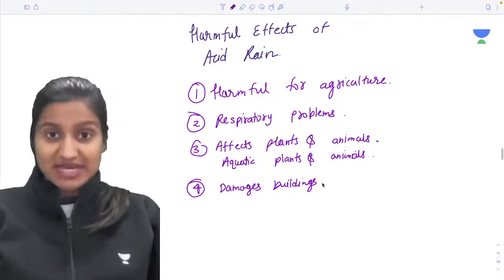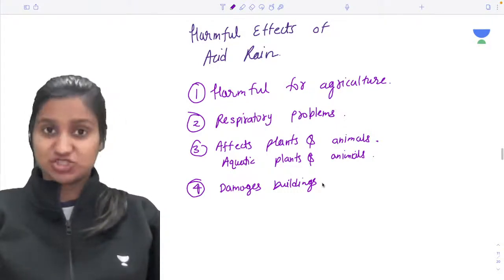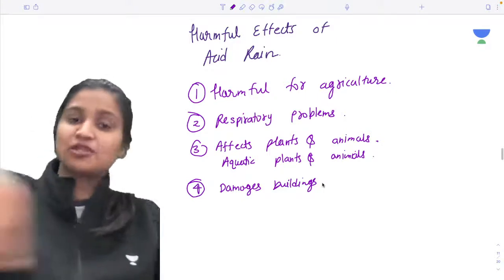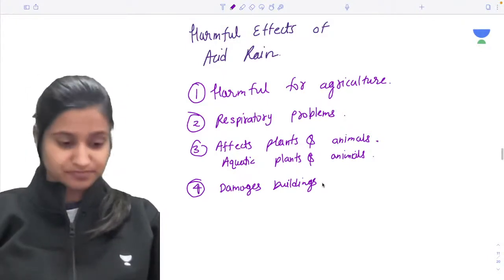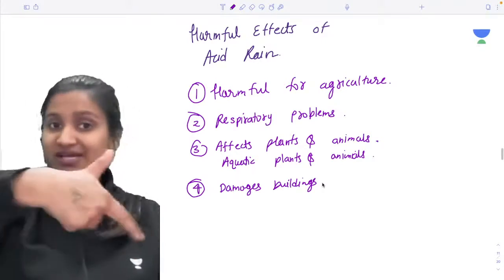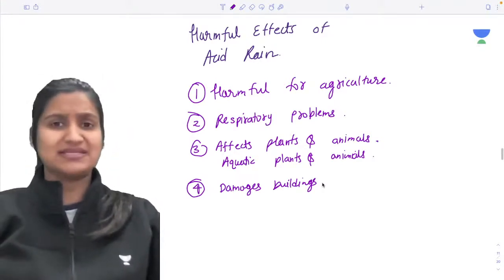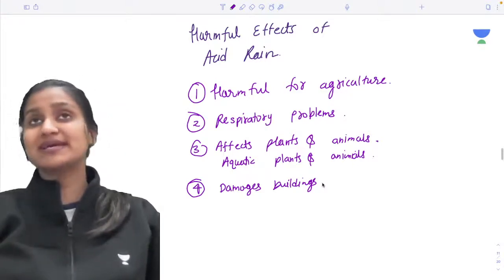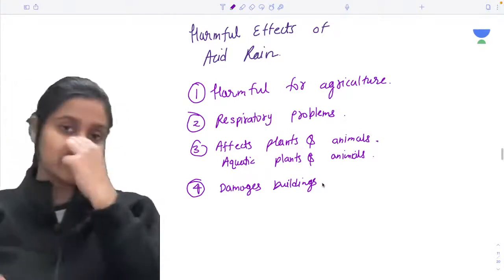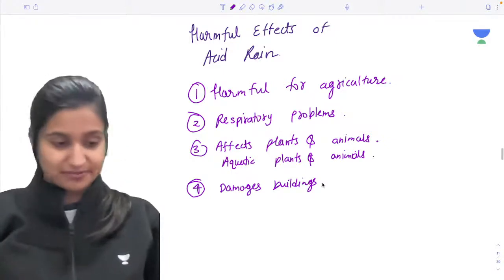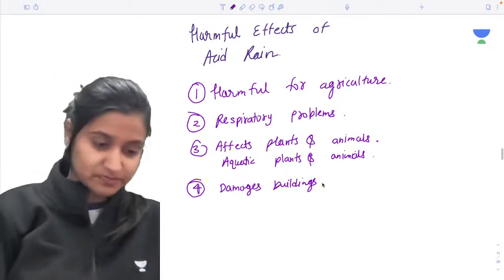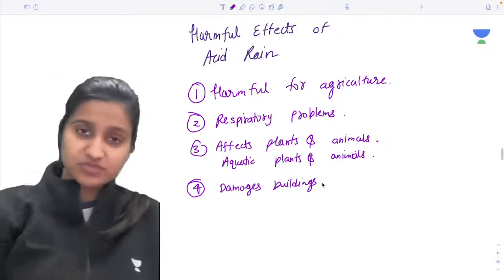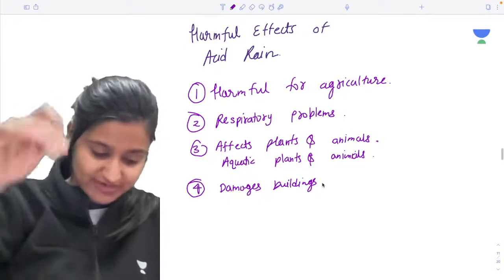So that's why the government took a decision that within, I believe, 8 kilometers of the Taj Mahal, there is no industrial factory, so that in that radius there is lesser pollution, and there will be less effect of acid rain on the Taj Mahal. So yes, harmful effects of acid rain.